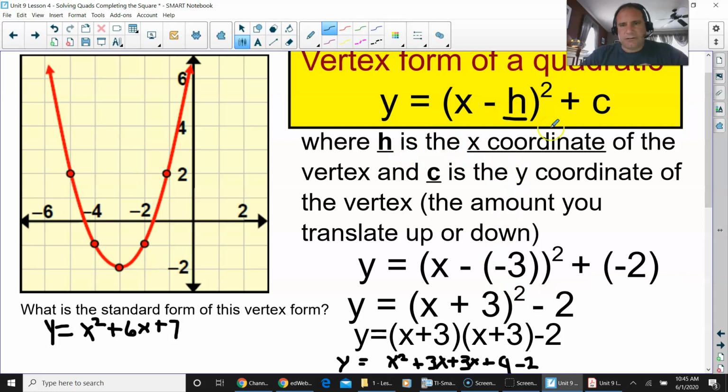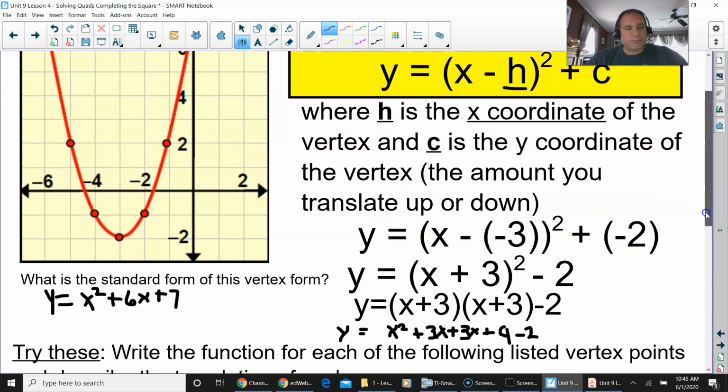Whatever is in the h is either going left or right, right? If it's a minus, it goes to the right. If it's plus, it goes to the left, right? This right here, plus c, is the amount you translate either up or down. So plus would be up, minus would be down. All right, so just wanted to go through that.